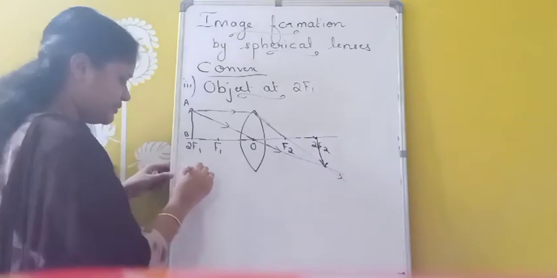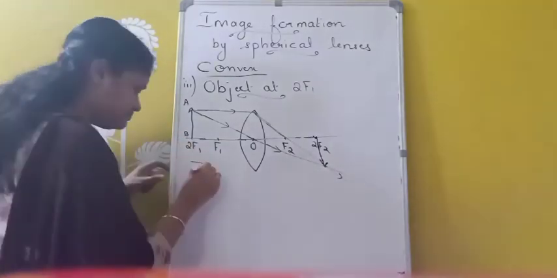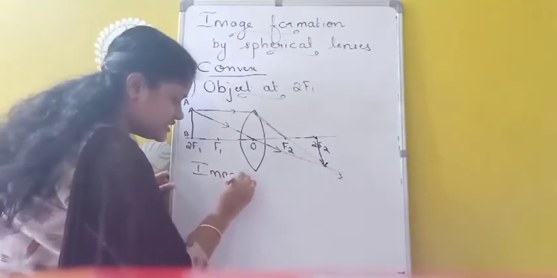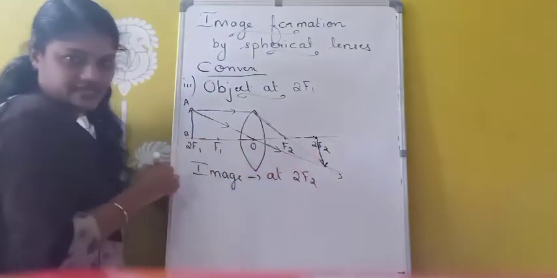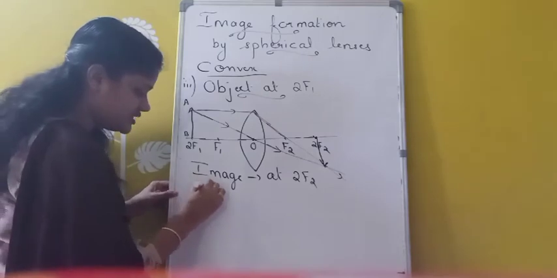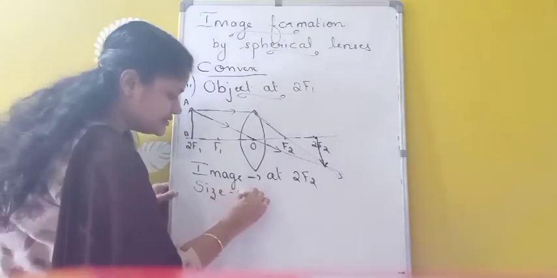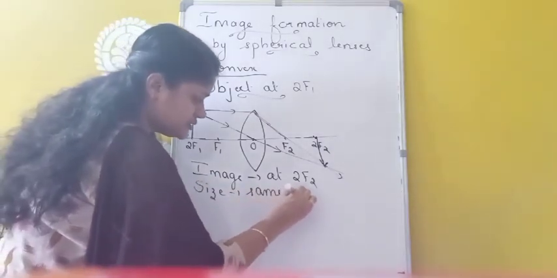Clear? So the image is formed at 2F2. And what about the size of the image? Same as that of the object.